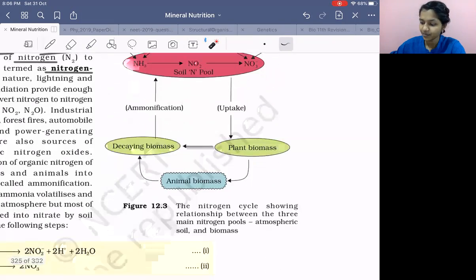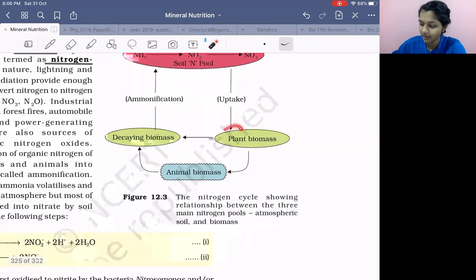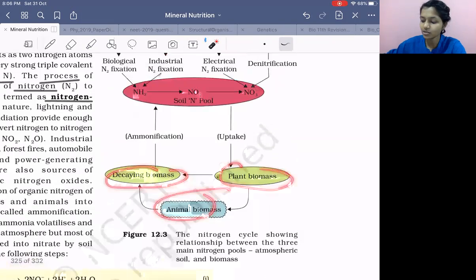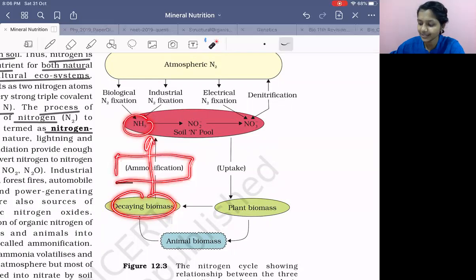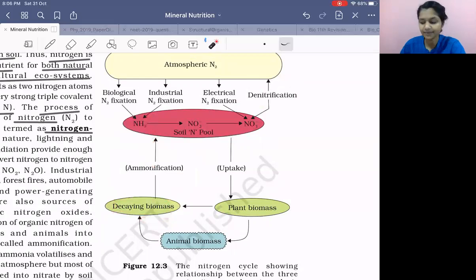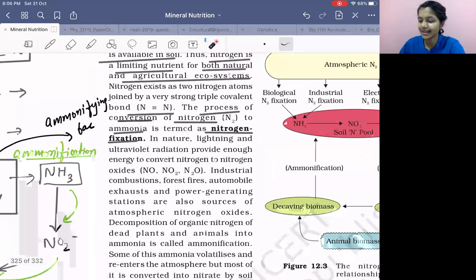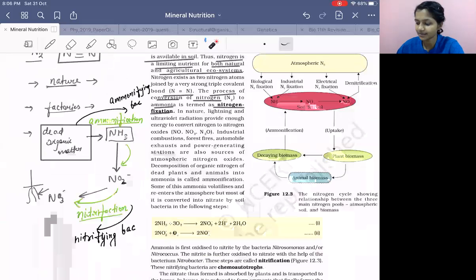Then from the dead decayed mass, microbes can act and convert it into ammonia, and here you will call it ammonification, then nitrification. And if it is again going back to the atmosphere, denitrification.